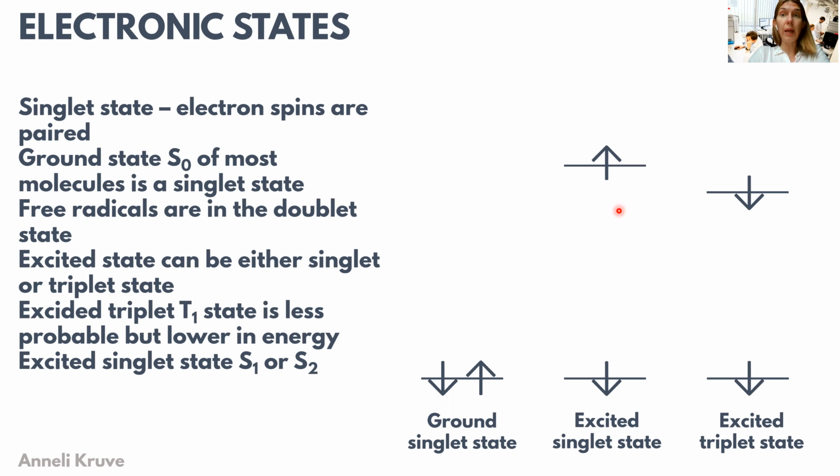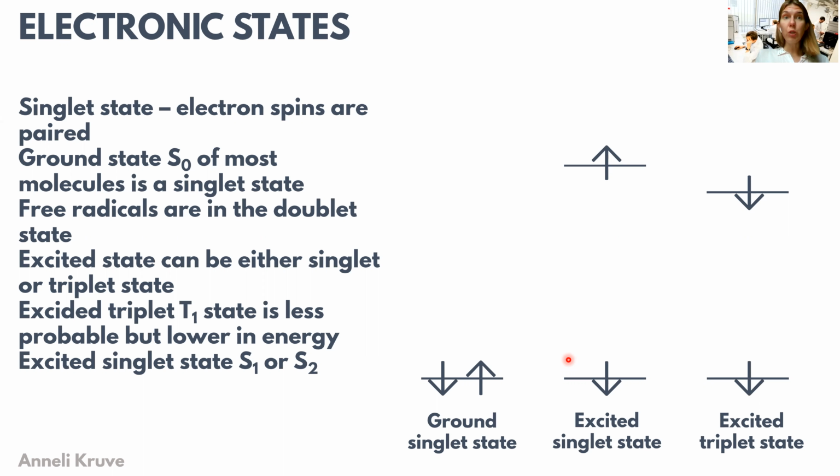In the excited state, there are also two possibilities: either an excited singlet state, a state where the electrons are still paired, even though one of the electrons has been excited to a higher energy level, or the triplet state, where the electrons are no longer paired. Mostly what we will be observing is excitation to the singlet state.